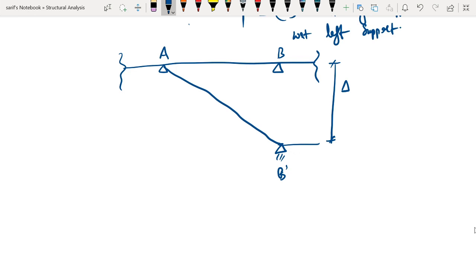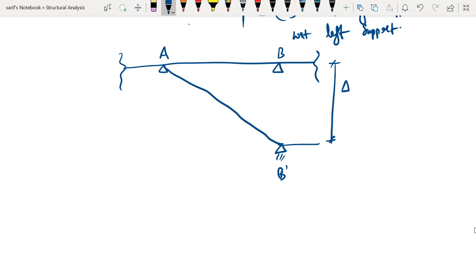The straight line that is joining the two points, we call that the chord. For example, this straight line AB is known as the chord. And after settling, the new straight line joining the supports is AB dash. Okay, so the chord has rotated in the clockwise direction. So that idea has to be kept in mind.